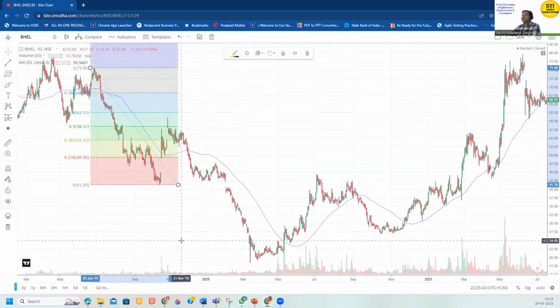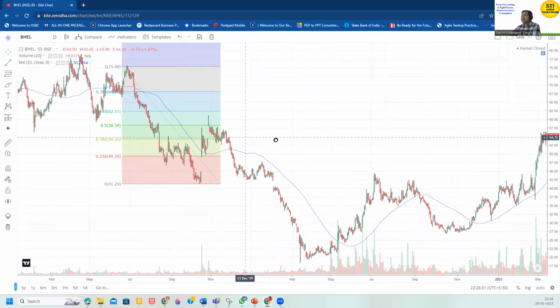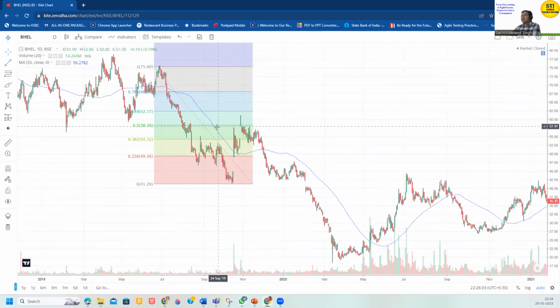And if you look at this particular example, on a daily time frame, in the same day, it has traced back 50% or even more than 50%, but it doesn't sustain. It crosses more than 50% also, but it is a kind of a false one.